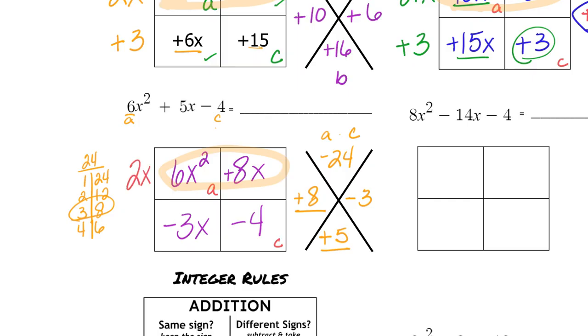Then above, to get 6x squared, I would be multiplying by 3x. I know I have a negative 3x down here, so whatever I multiply by here has to be negative, but it's already a 3x, so it would be a negative 1, which makes this have to be a positive 4. So my binomials would be 3x plus 4 and 2x minus 1.